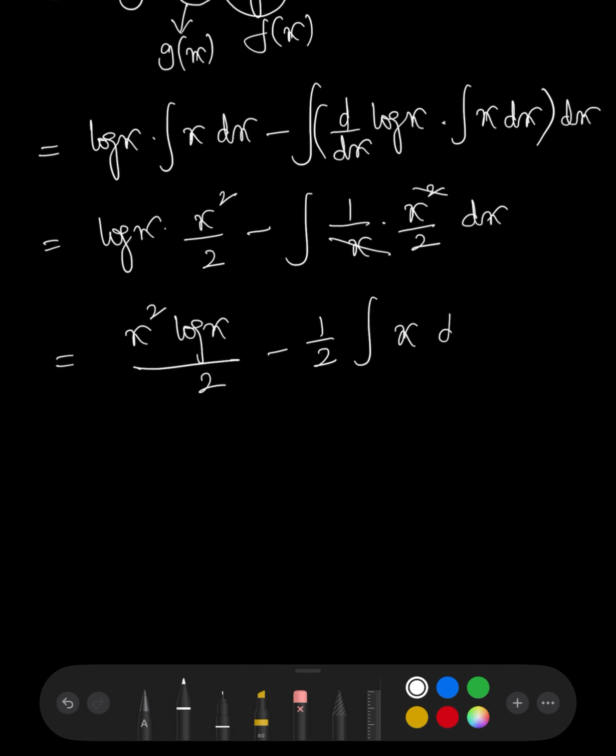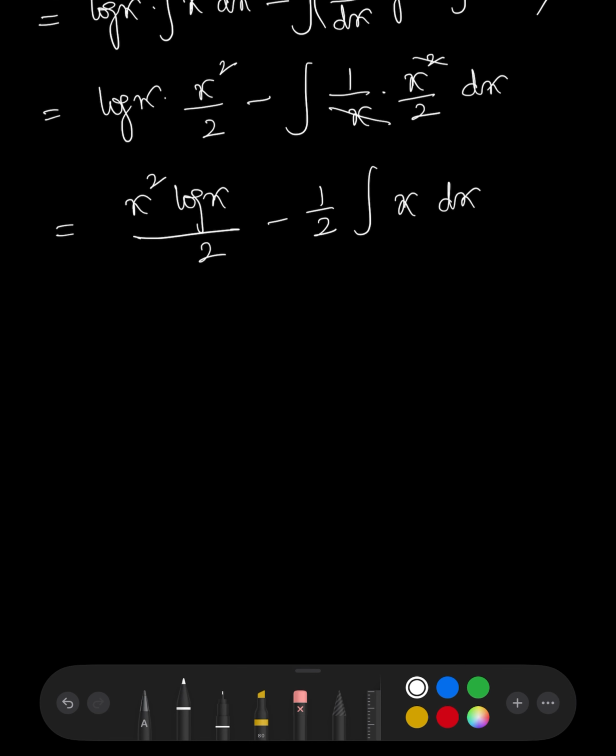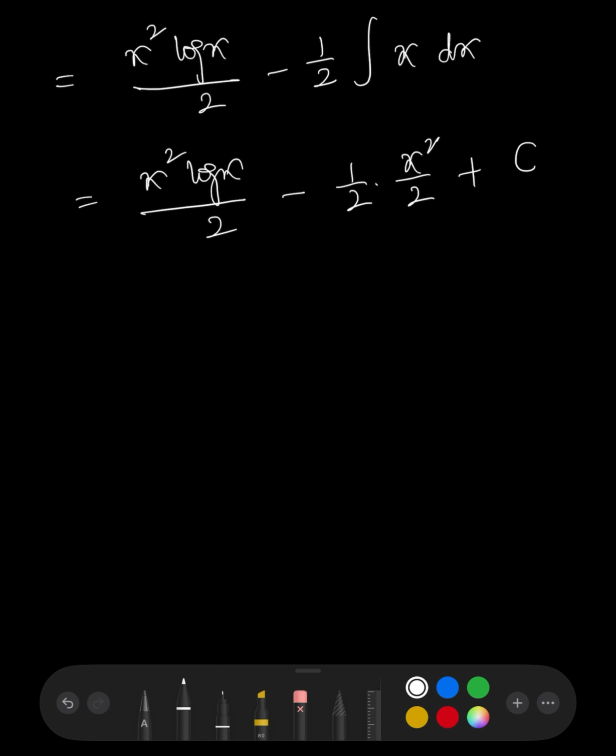Here what will we get, x dx. So x square log x by 2 minus 1 by 2 into x square by 2 plus c. Now you can take x square by 2 common. If you take it like this, then here what we get is log x minus 1 by 2, plus c.